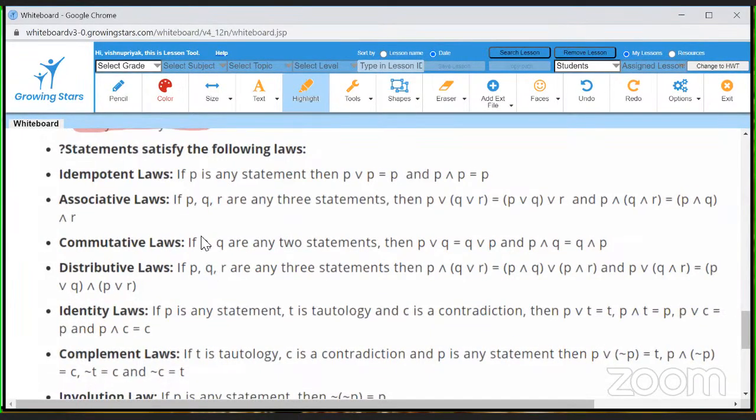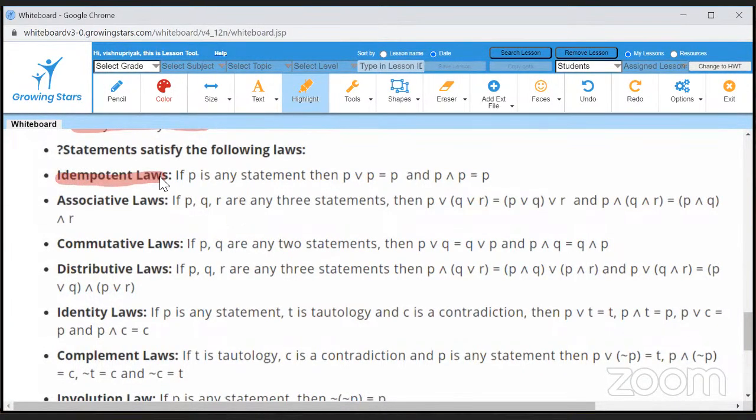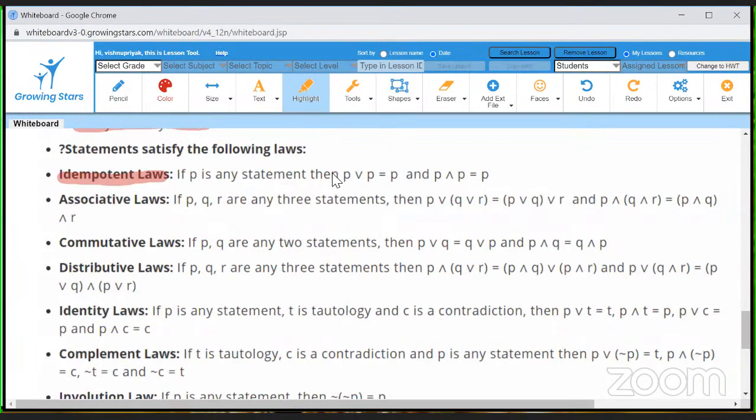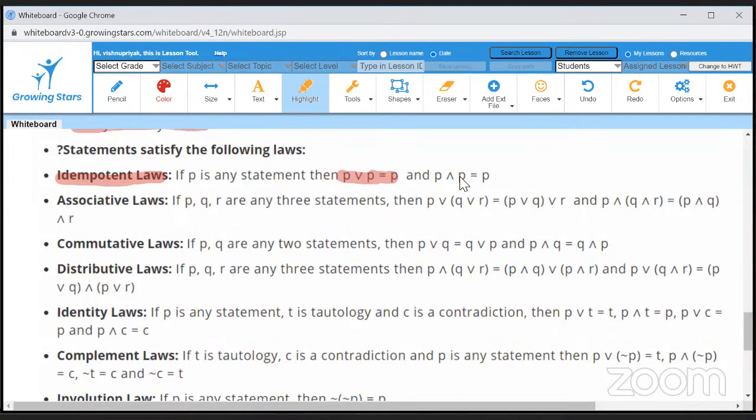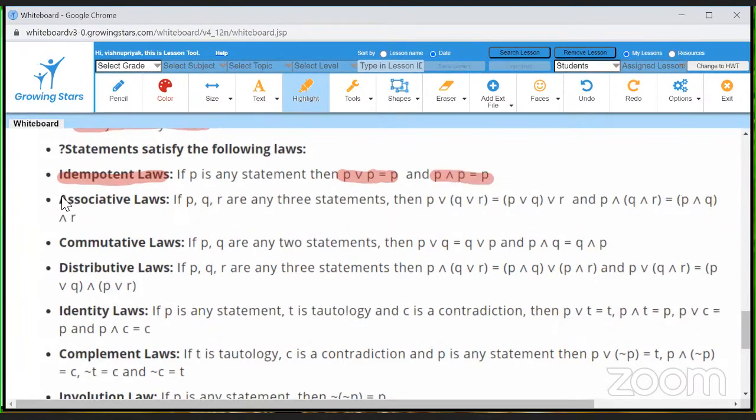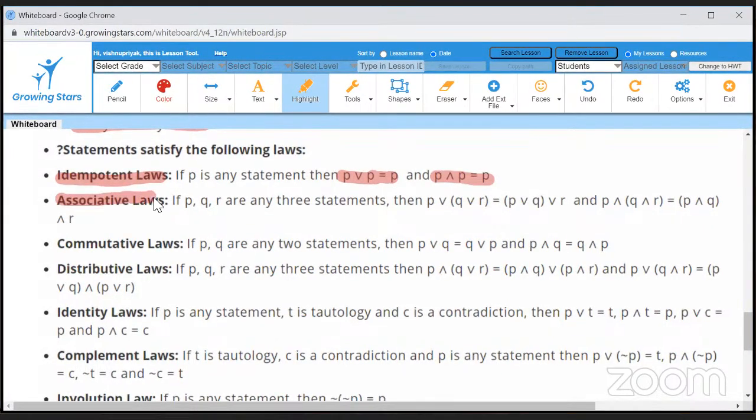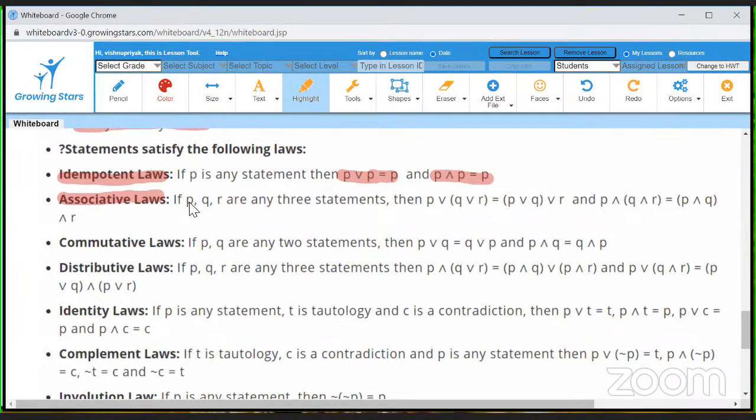Now, in statements also, there are some laws, like you have for numbers. The first one is the idempotent law. Idempotent law means P or P is P, P and P is P. Associative law: P, Q, R are three statements.